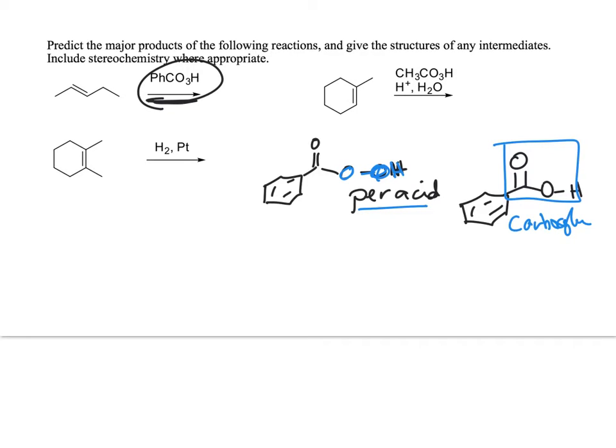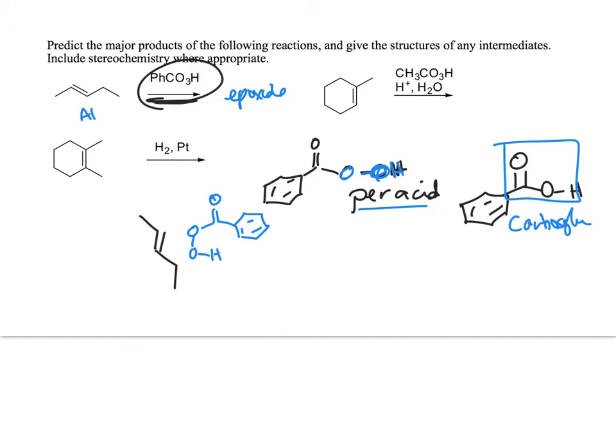What happens here is, when you have a carbon-carbon double bond, the peracid will deliver the oxygen to the carbon-carbon double bond and make an epoxide.